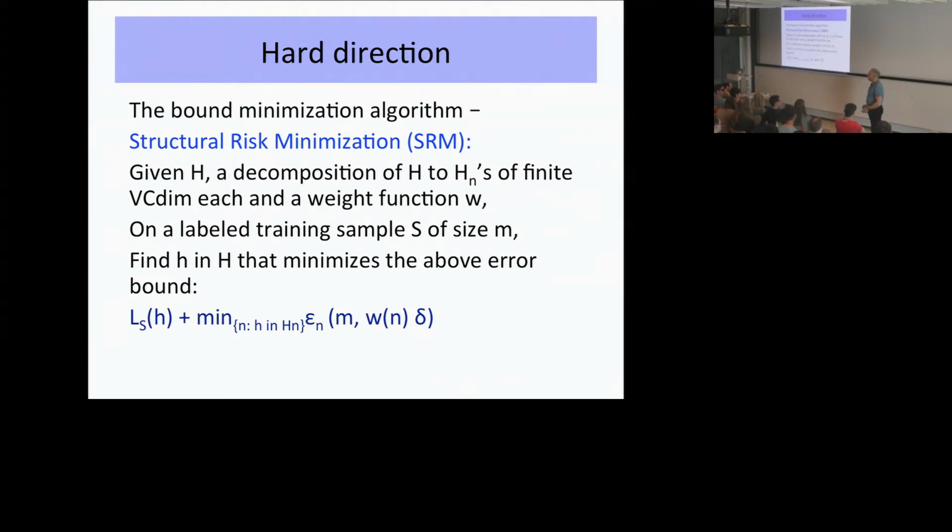And we will see it formally in a minute. So this is the SRM algorithm. It's a very important algorithm. What is still left to be determined is how I decompose my class and how I pick the weights. And this is going to be done based on prior knowledge.